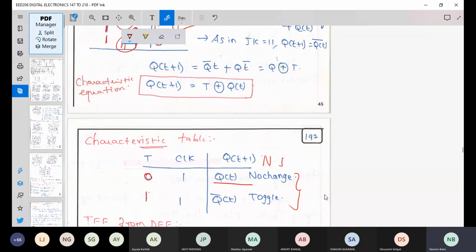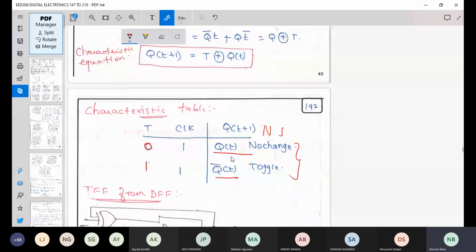Whenever your toggle input is 1, your next state will get toggled, which means Q of T will become Q bar of T. Okay, so this is what the T flip-flop is. Any doubt till this? Okay, next.